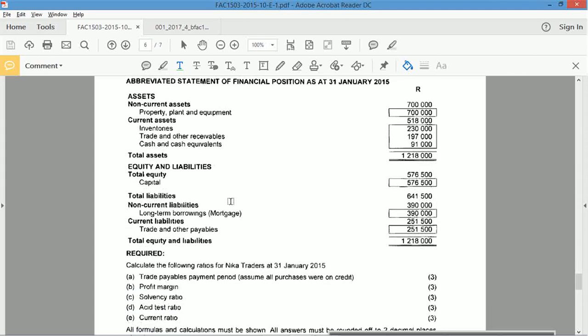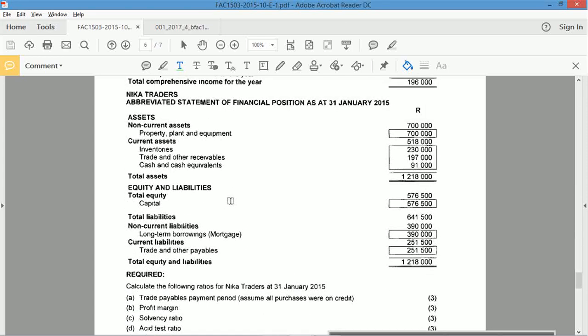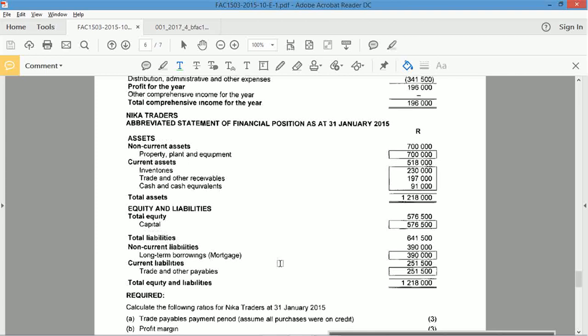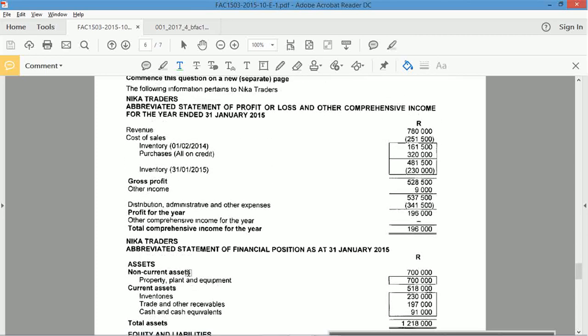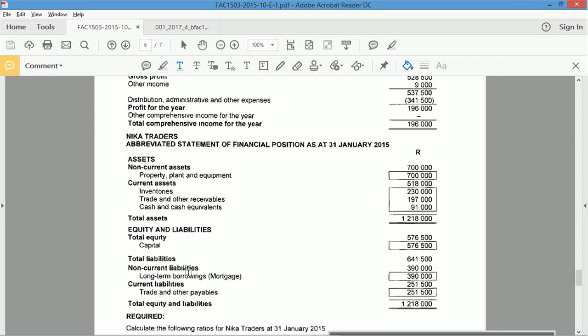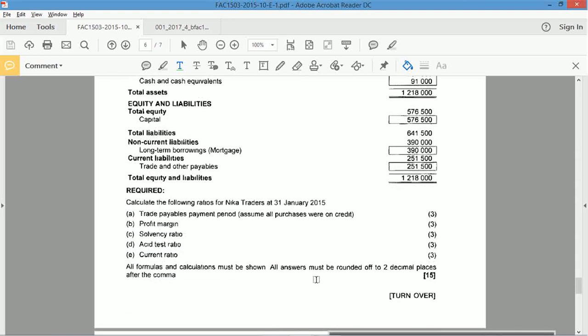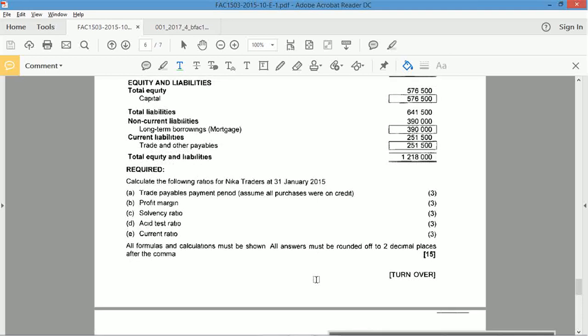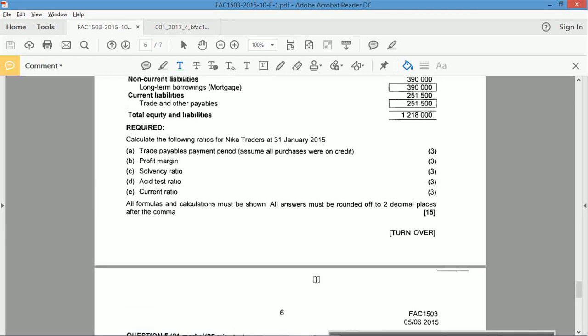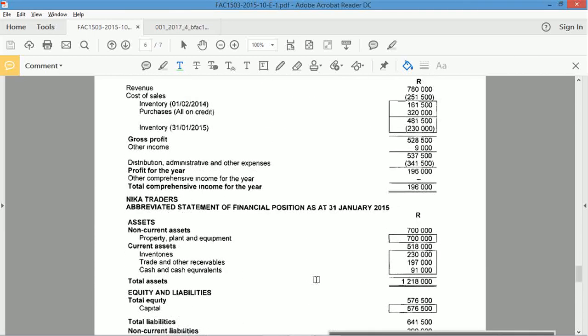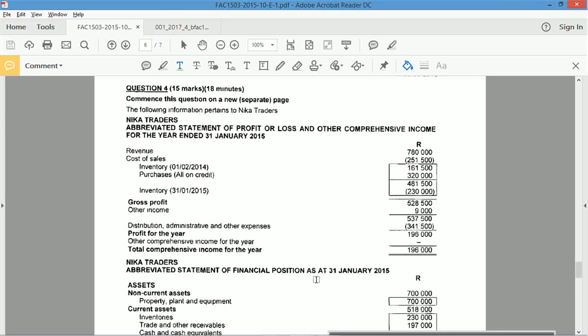Where is it? Okay, there we go. Long-term borrowings, trade, and other payables. Those are 2 liabilities. Which one do I want? The trade and other payables, the 251. Did they give you opening balances here? No, they didn't. No opening balance. So what are we going to do?